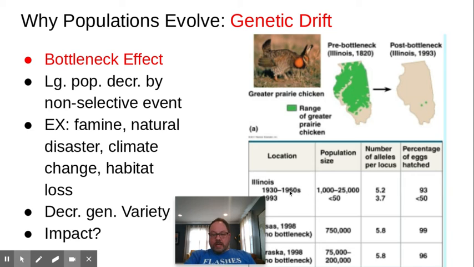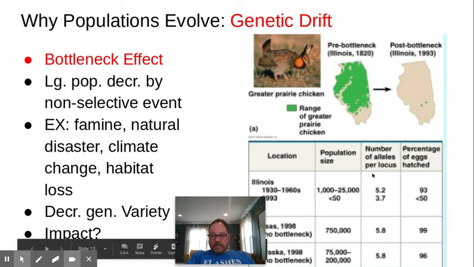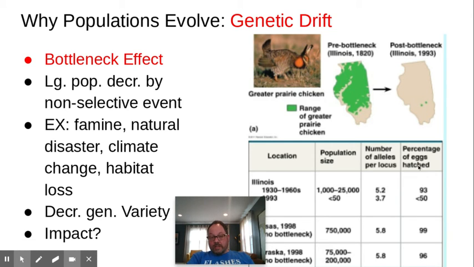So you can see that when the population size diminished, variation declined. And when there's less variation, the frequency of eggs hatching and producing new chickens dropped substantially. Okay, so they lost variation. When they lost variation, that made it more difficult for the population to survive, and that creates what's called an extinction vortex.